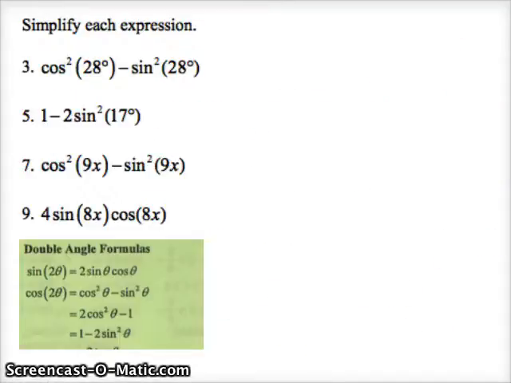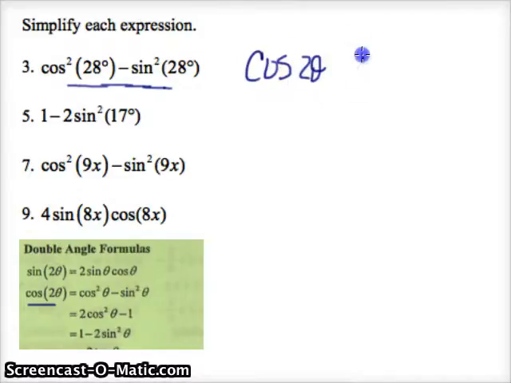Okay, rolling right along here for this next section. Notice here that this looks familiar, and that's a double angle for a cosine. So the right side is given to you, we just have a number 28 instead of theta. That would equal cosine of twice that angle, cosine 2 theta, or cosine of 2 times 28, which is 56 degrees.